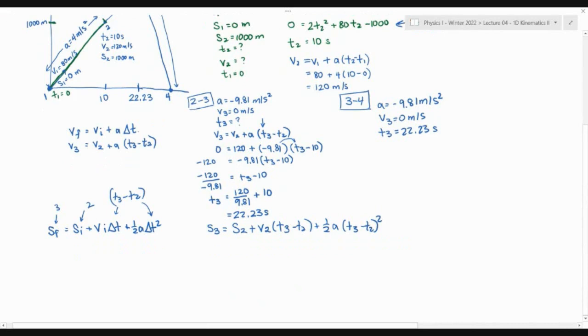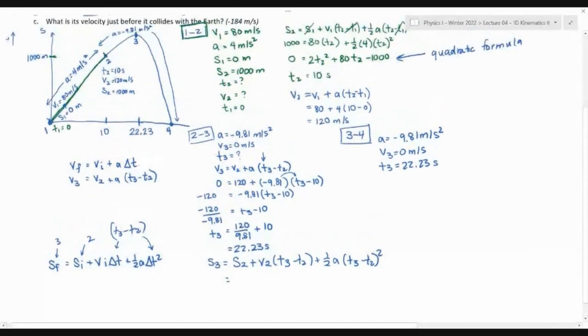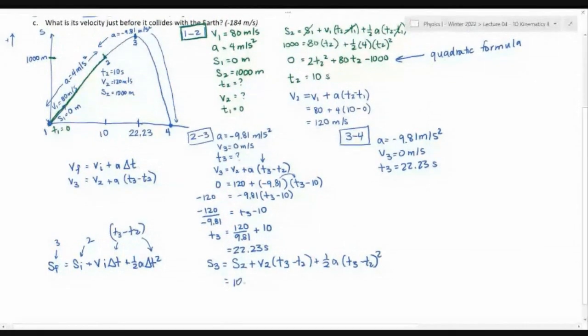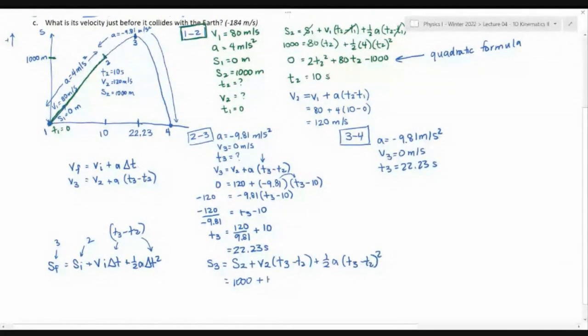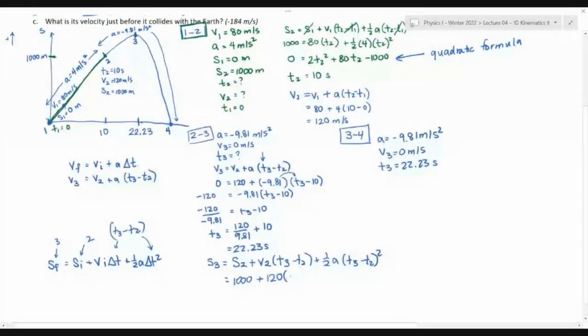Okay, so let's start finding this S3. So S2 is, let's see, we wrote it down, it's 1,000 plus V2, which was 120, times T3, what we're looking for, minus T2, which is 10.